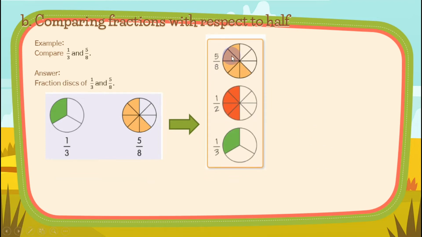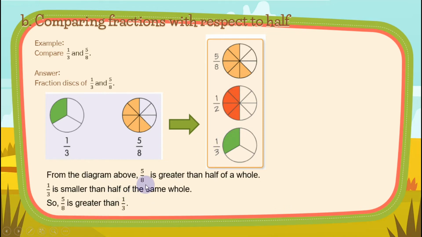These are the area of the shaded parts. 5/8, half, 1/3. From the diagram above, 5/8 is greater than half of a whole. 1/3 is smaller than half of the same whole. So, 5/8 is greater than 1/3.